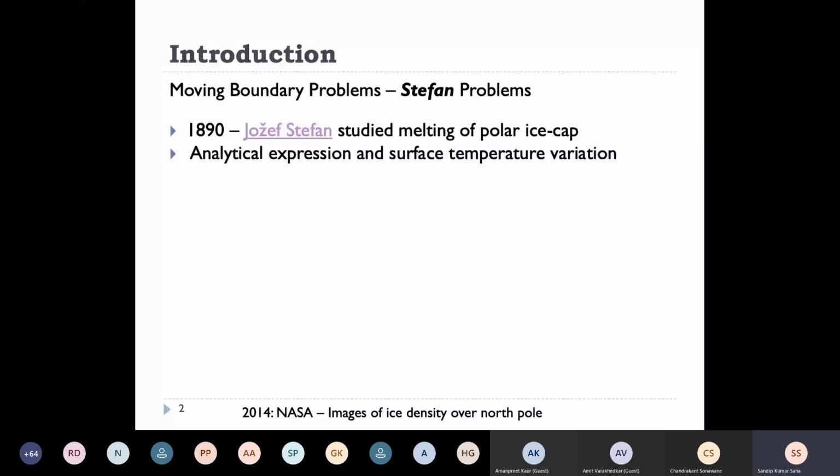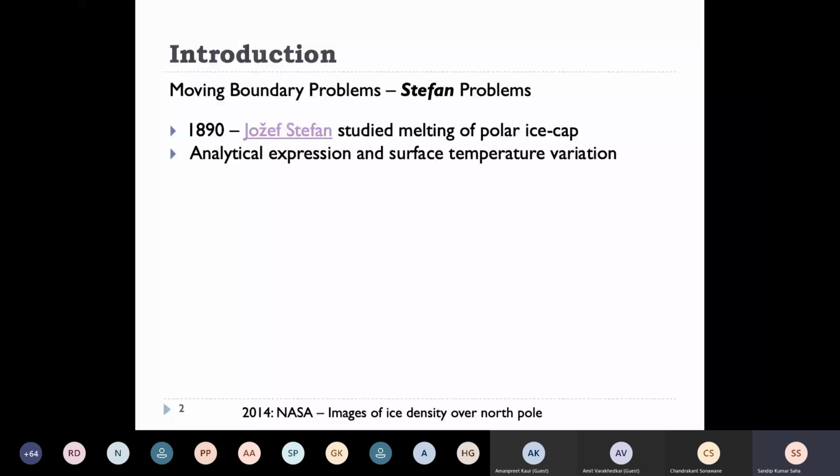Now first of all, we need to understand why we need to go through this modeling, as it has existed for more than a century. What is the new thing coming now?